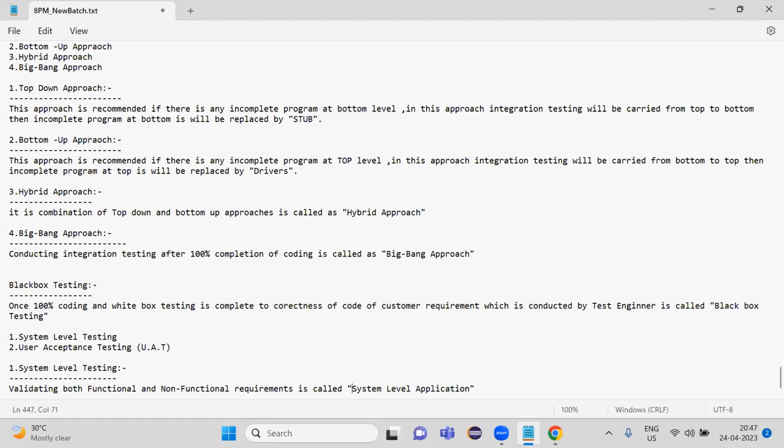Suppose all people are using PhonePe. I think everyone knows PhonePe, Google Pay, Paytm. Suppose PhonePe is working properly. As a test engineer, you have verified and certified that the PhonePe application is working fine.